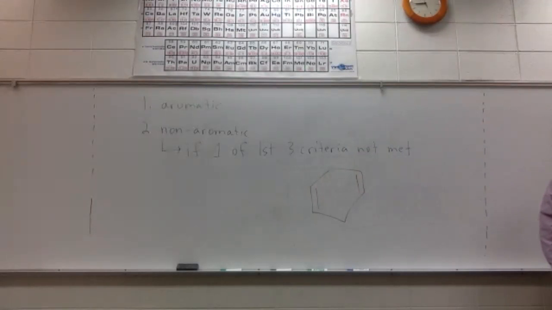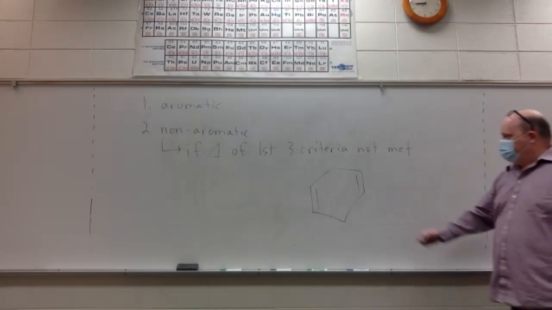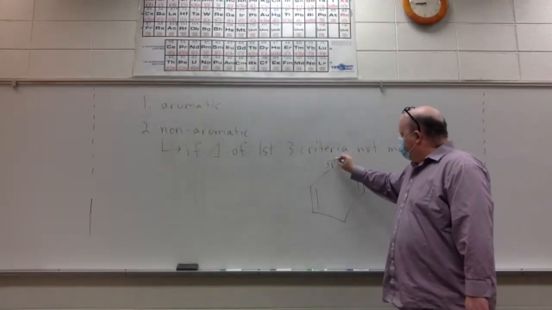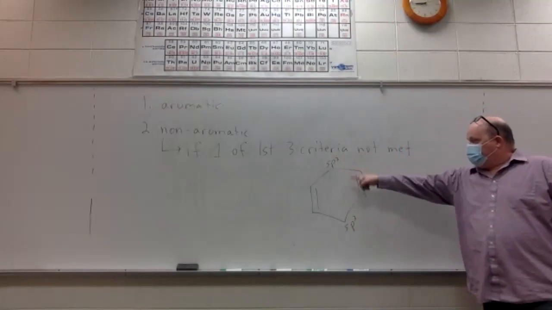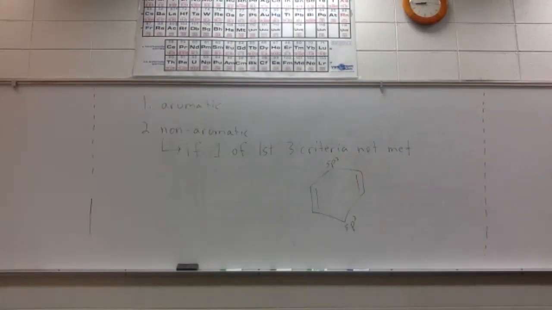This one's not aromatic either. Why not? Not all the carbons are conjugated, right? This one up here is sp3, and so is this one. So that means there's not going to be an available p orbital there. So it's not completely conjugated, right?